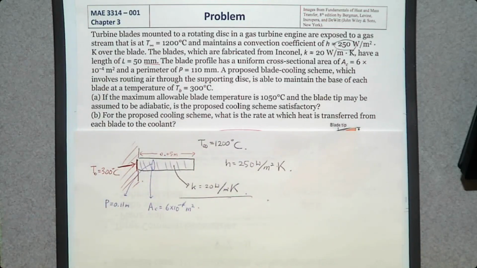If the maximum allowable blade temperature is 1050 degrees Celsius, what does it mean? Above 1050 degrees Celsius, this material cannot withstand the temperature, so this turbine blade is going to fail.